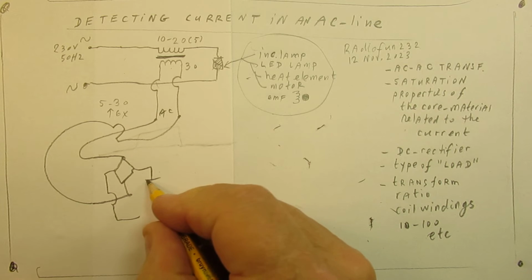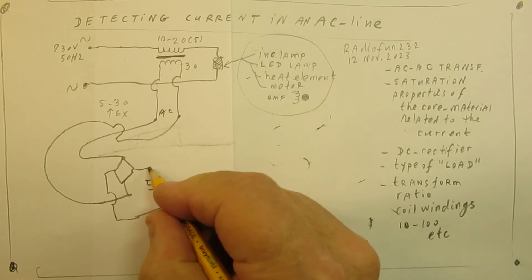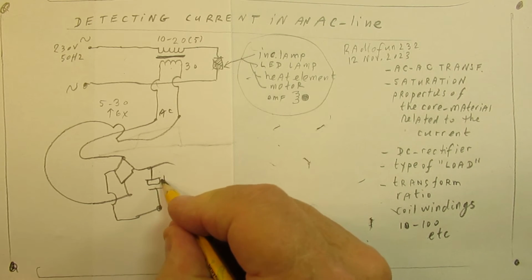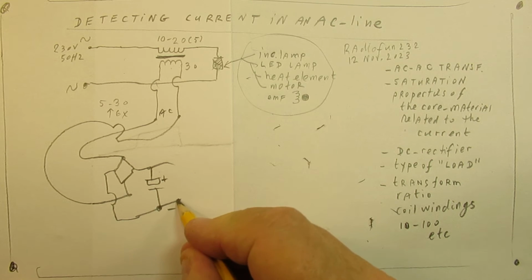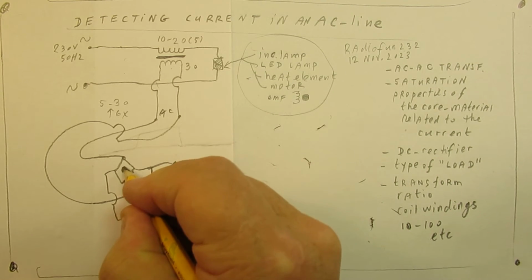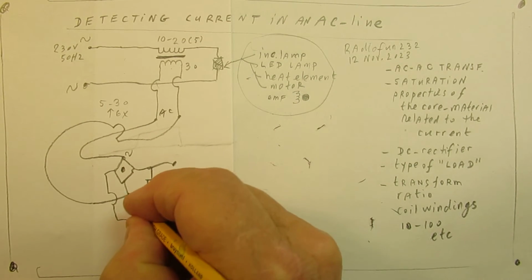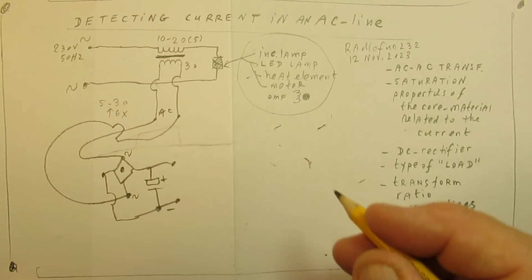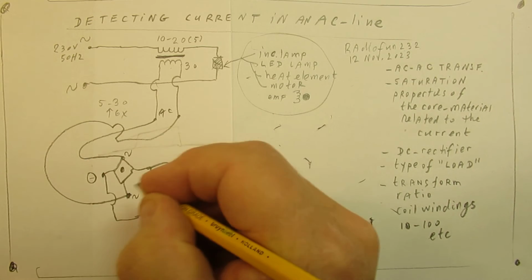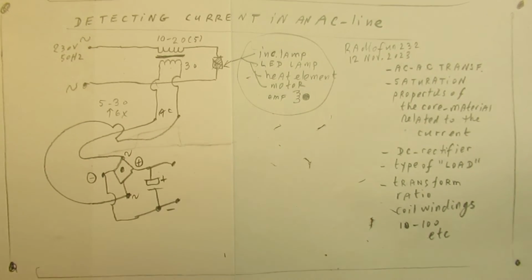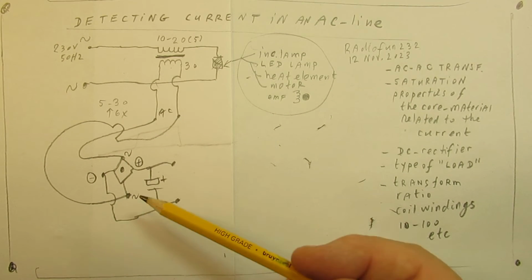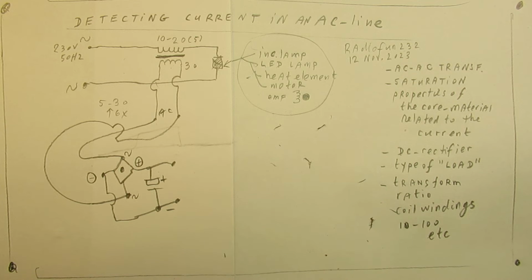So here we have that bridge rectifier. Plus, minus, positive, negative, and you can use here any bridge rectifier, but of course that rectifier must be able to rectify that voltage.